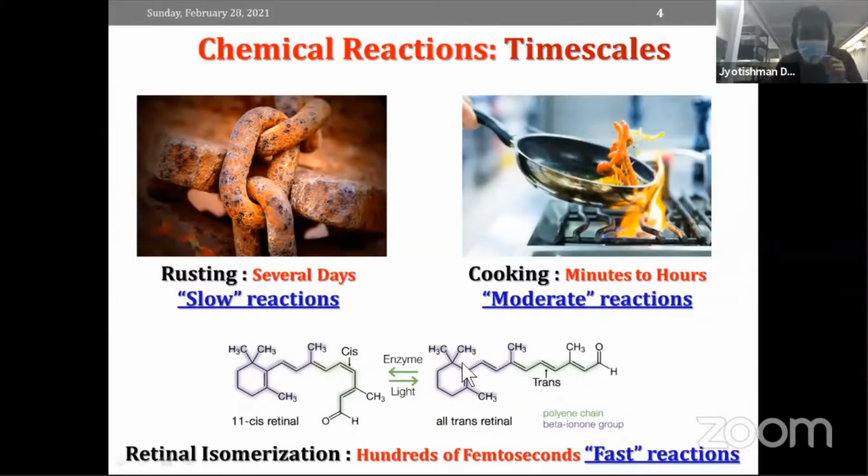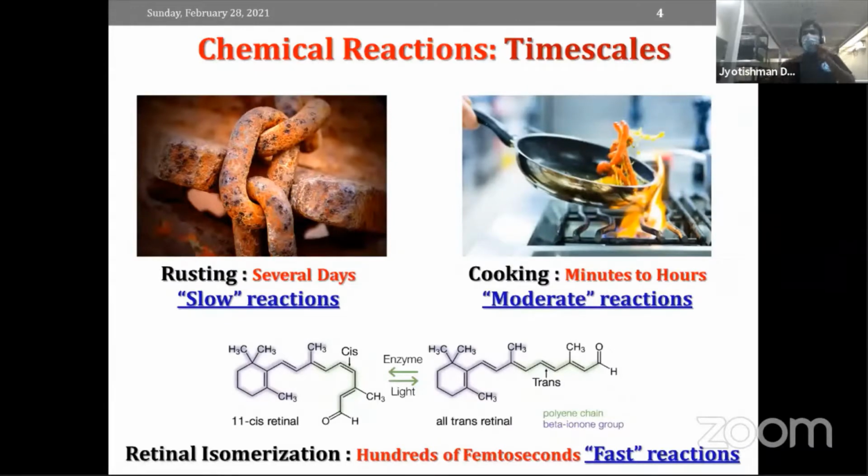Upon light shining, it becomes a straight chain, and this change from bent to straight basically gives us vision. But the important thing is that the time it takes to change from bent to straight, that is from cis to trans, is on the order of hundreds of femtoseconds.